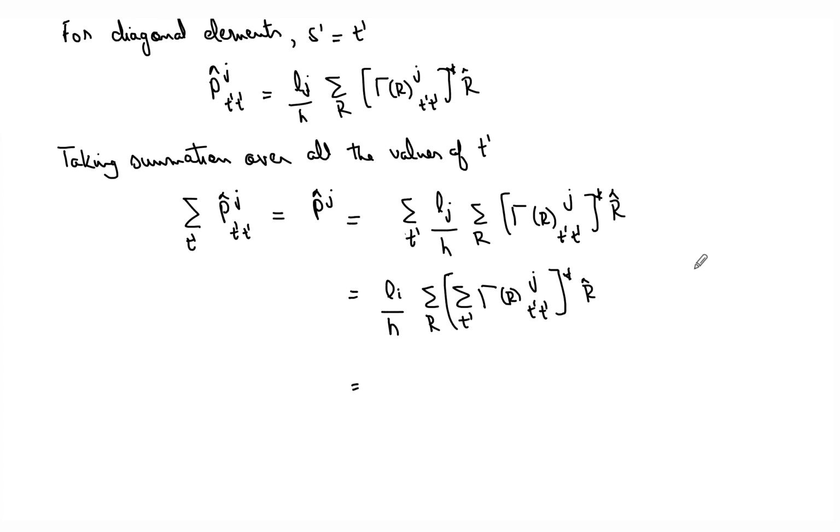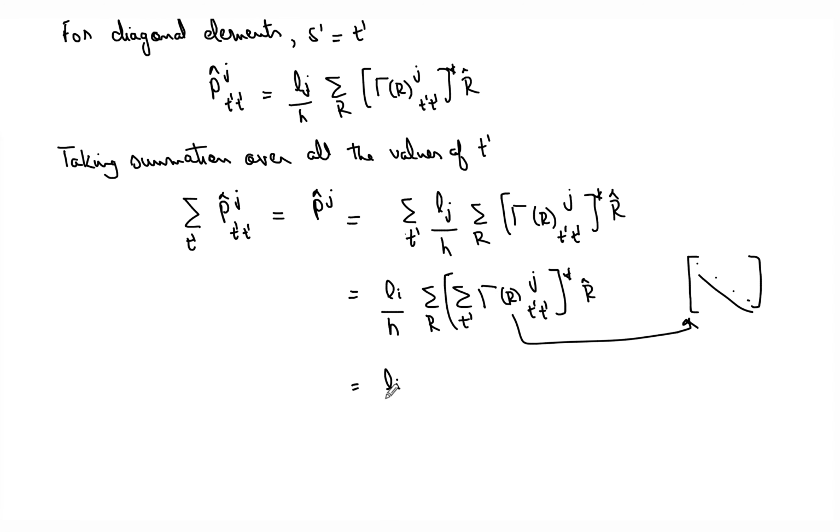Now if I do this summation, what do I get? This is nothing but a matrix element with summation over all diagonals. So if I take the summation over all T prime, this becomes the trace of this matrix.